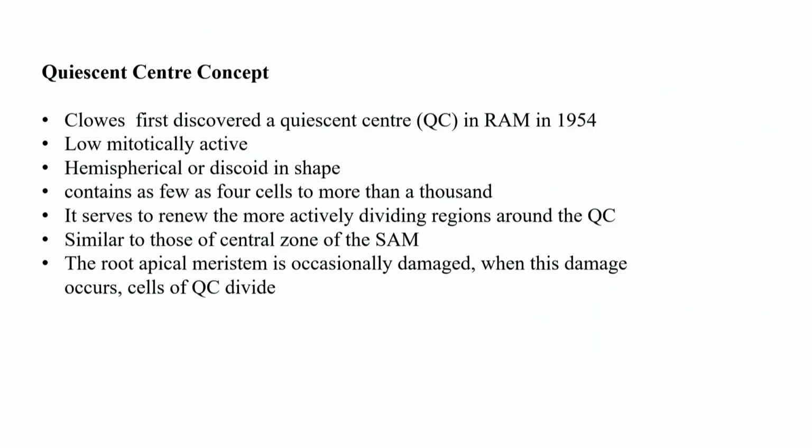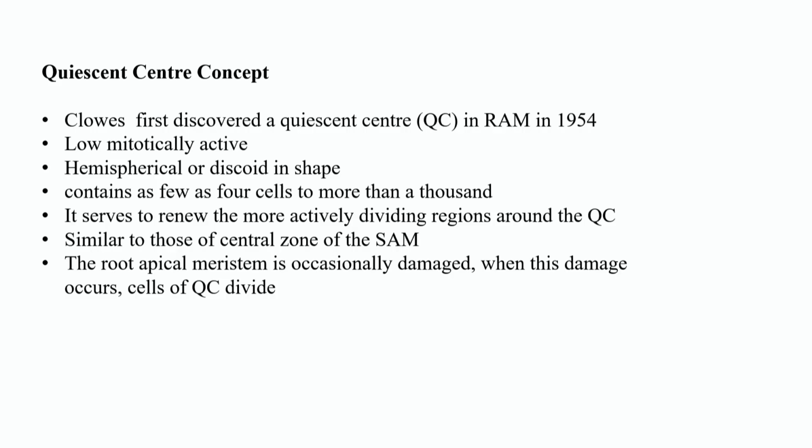Now, the next one is the quiescent center concept. As in shoot apical meristem also we have seen a central zone, which was basically a group of cells which were not dividing, and their growth or division index was much lower as compared to the other cells. In the same way, in the root zone also we have a quiescent center.